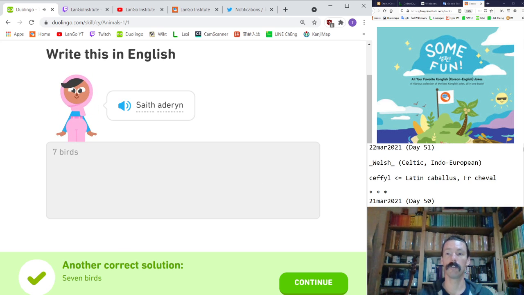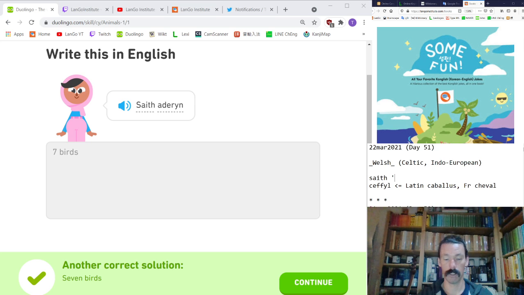Saith is probably not taken from Latin, but related to our word 7. Saith means 7. Oh, let me include the meaning here. Ceffyl, horse. And so here I'm trying to show it's a borrowed form, meaning taken at a certain stage from one speech community into another as a new word, in this case into the ancestor of Welsh at whatever stage it was.